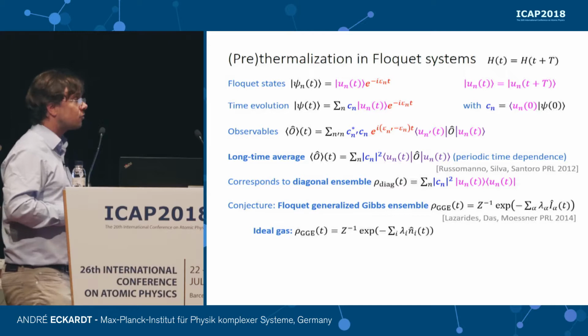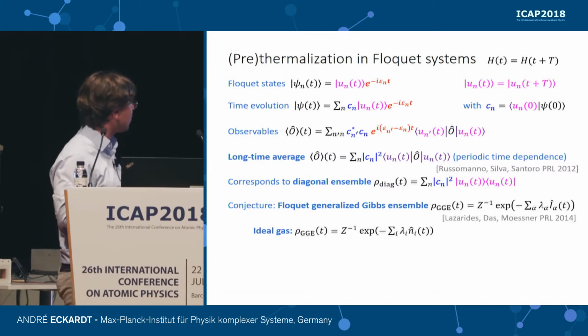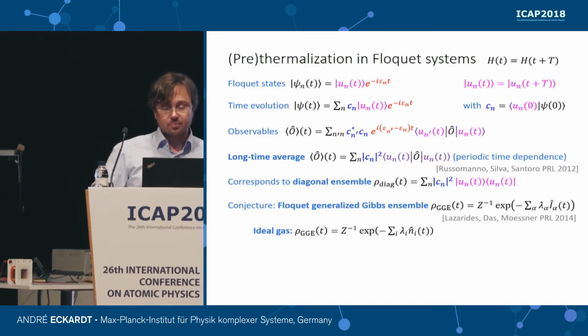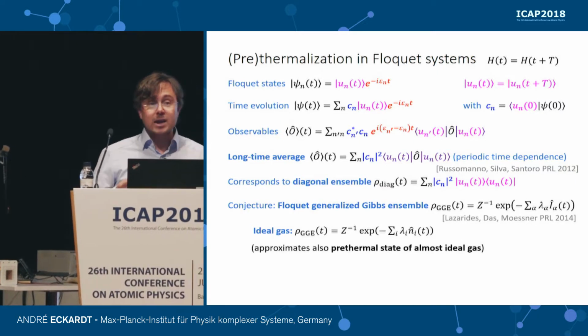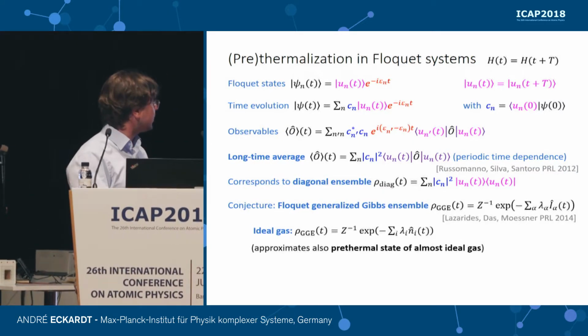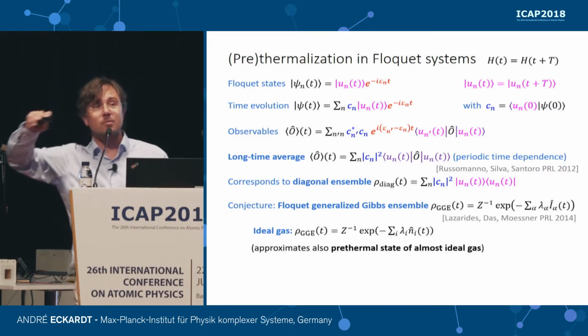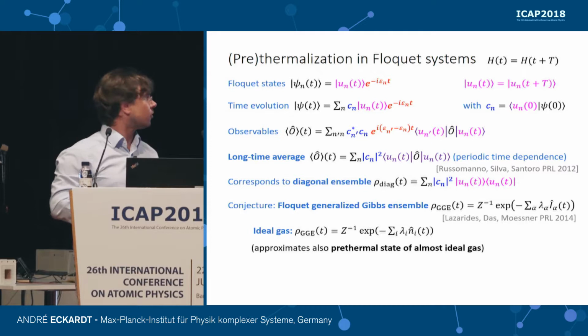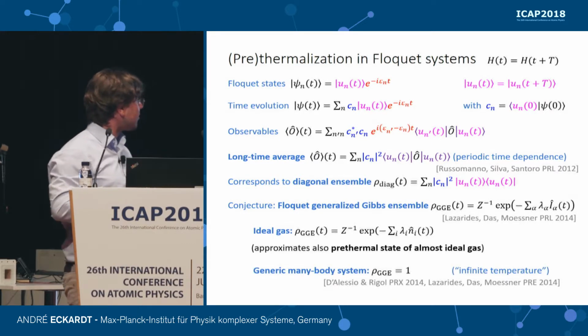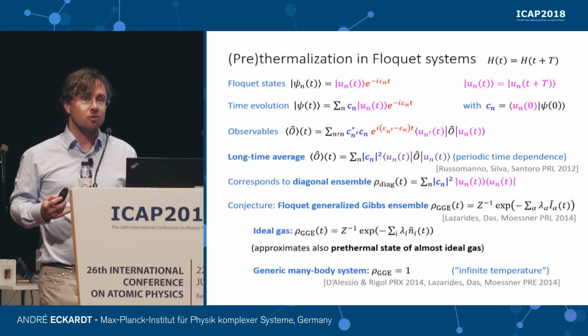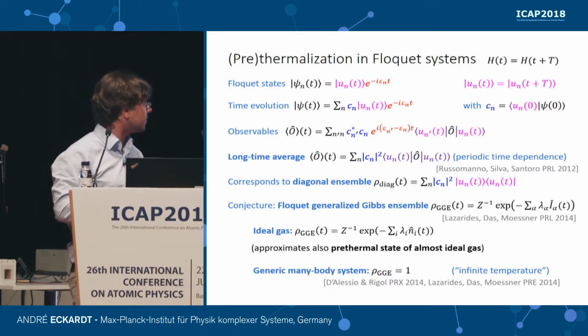For an ideal gas, which we will consider as one example in the following, these integrals of motion are just the occupations of the single particle Floquet states. And in weakly interacting systems, this might still be an approximation for a pre-thermal plateau which you reach before the dynamics moves on to some other physics. The most generic case, if you have no integrals of motion, is really an infinite temperature state, because in a Floquet system, not even the energy is conserved. So this is why it's not even a Gibbs state.